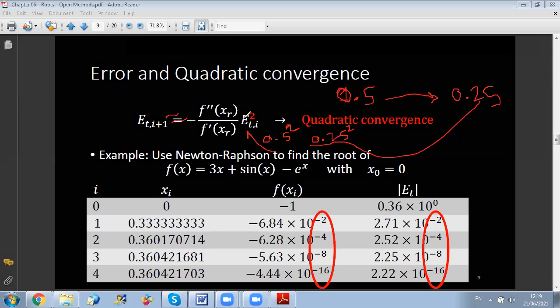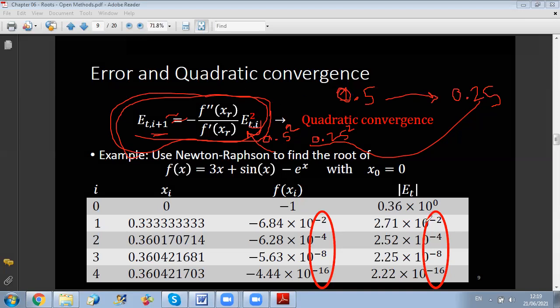This is why you can mathematically prove this relation. You are not responsible for the proof, but you should know that we can prove that in the Newton-Raphson method we have this correlation between the error at iteration i and at iteration i plus 1. So when going to i plus 1 the error decreases, and convergence becomes very fast.